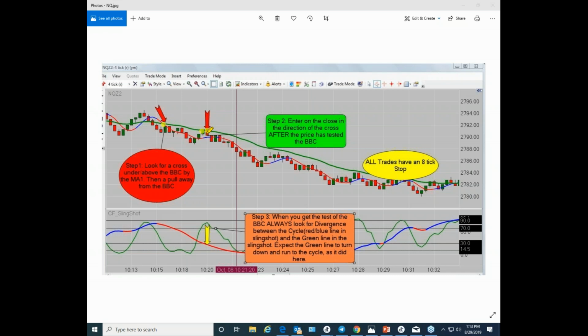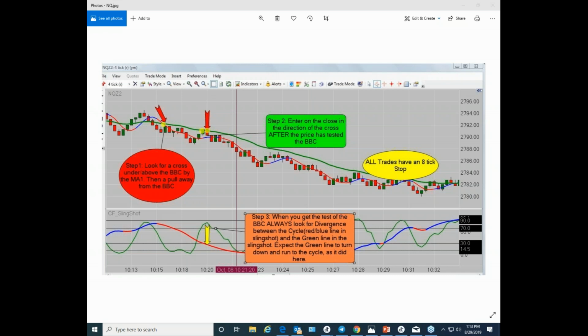What you're going to find out, when everything is the same color, that puts all of the probabilities in our corner. It stacks all the marbles on our side. There's no other filtering to do other than to go inside the tower, that DOM, and take action. So step number two, the touch of the BBC and the down close.